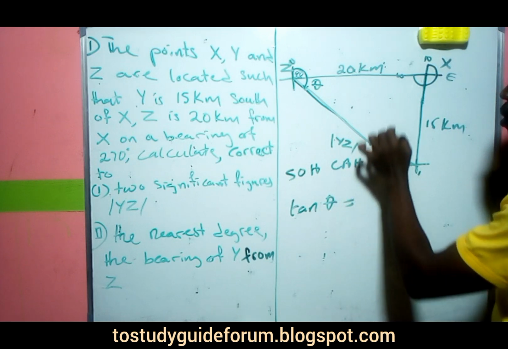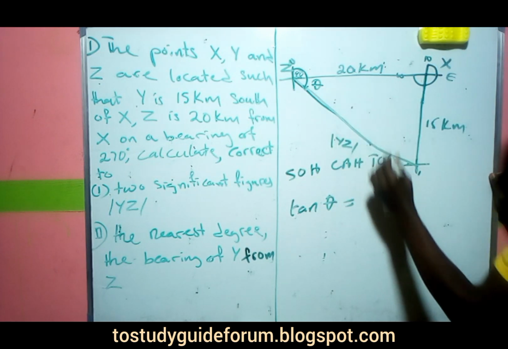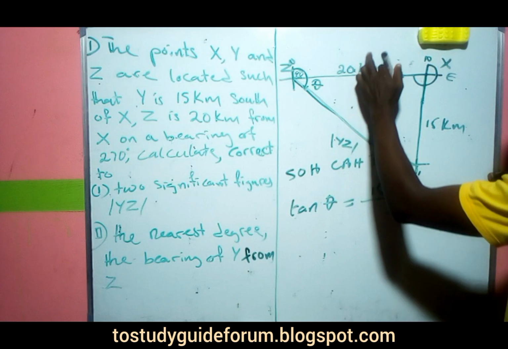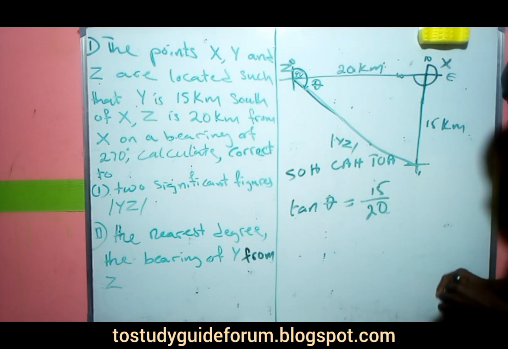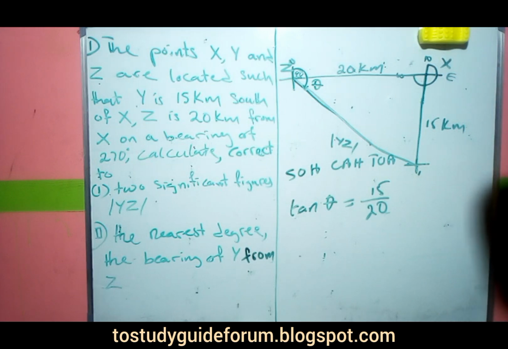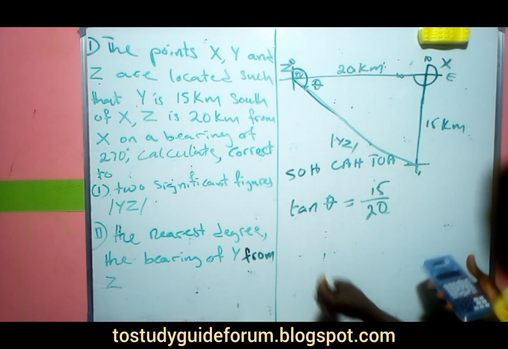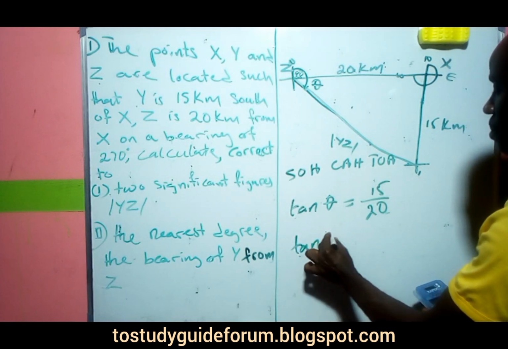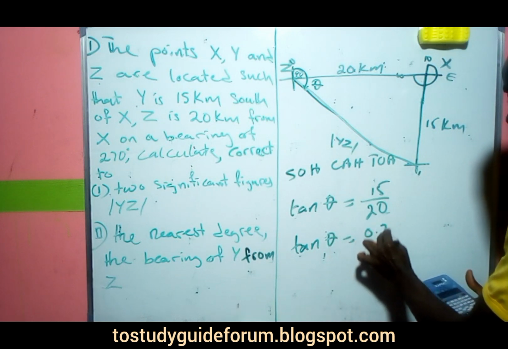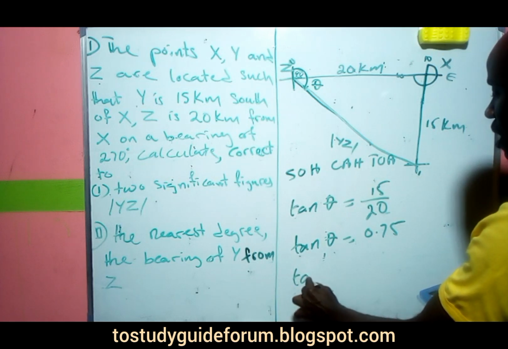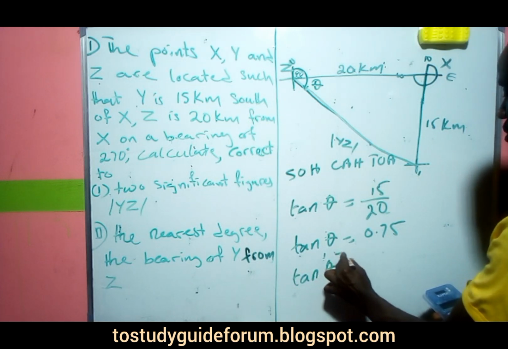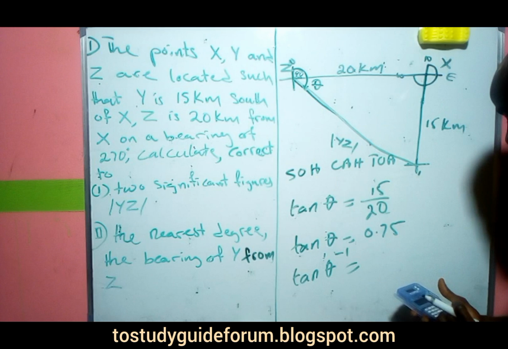Theta is equal to opposite, 15, over the adjacent to the angle, which is 20. When we divide 15 by 20, we have tan theta equal to 0.75.